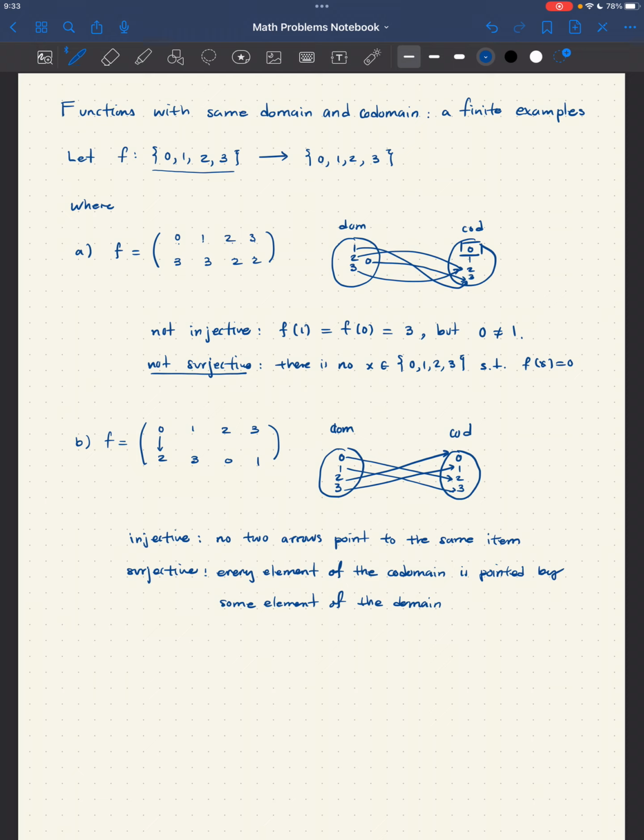And once we have these two, we would say that the function is bijective.